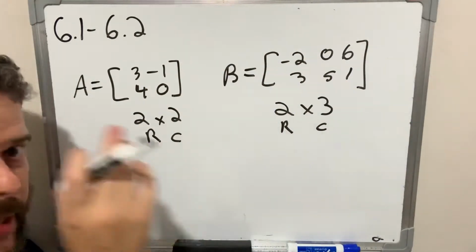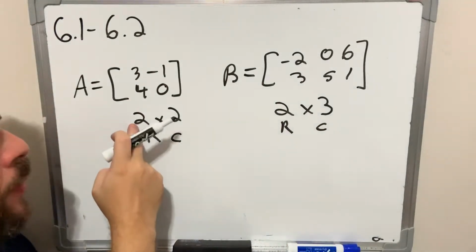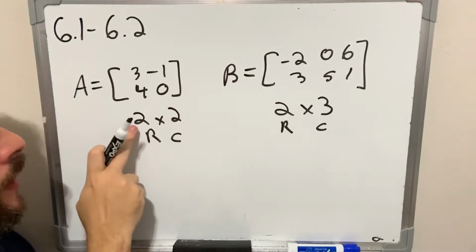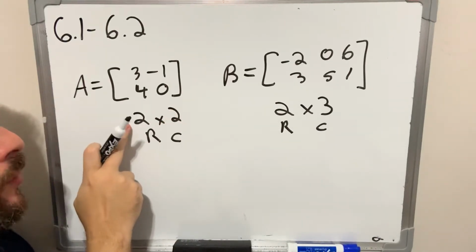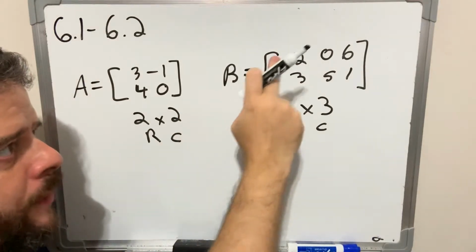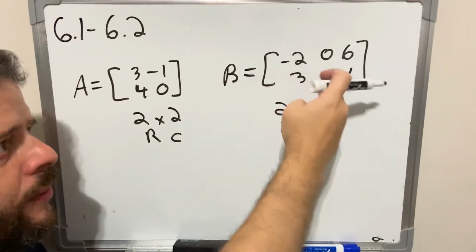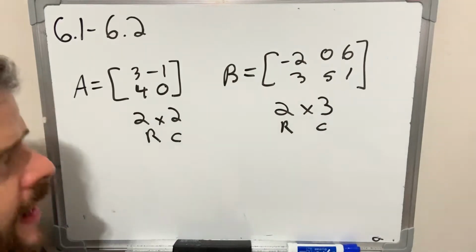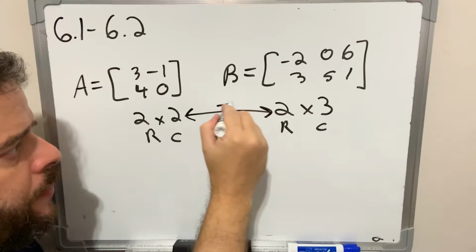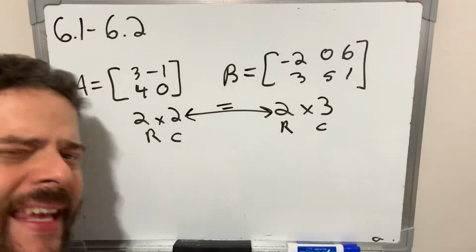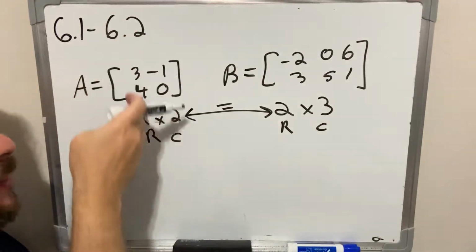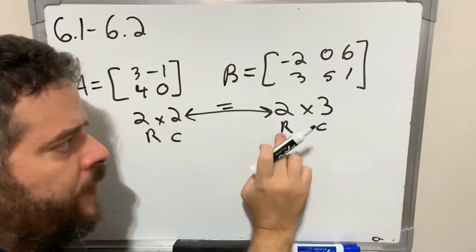What the book does, which is very useful, is put your dimensions under your matrices. This one is 2 by 2, 2 rows and 2 columns. This is 2 by 3, 2 rows and 3 columns. These two inner numbers have to be equal in order for me to multiply. The columns of the first matrix must equal the rows of the second matrix.